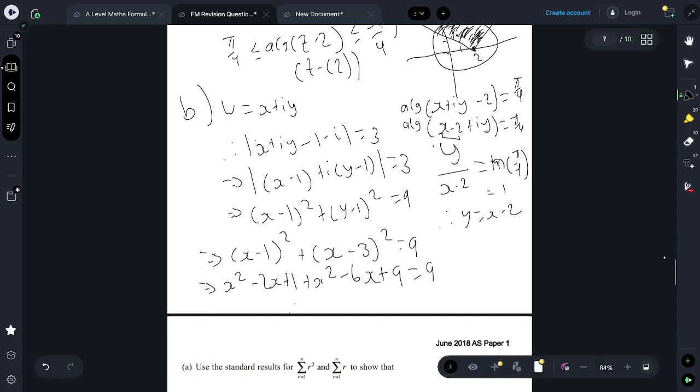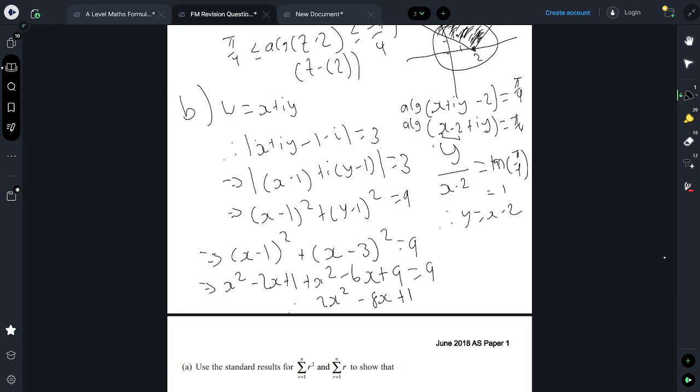Therefore, 2x squared minus 8x plus 10 minus 9, plus 1, equals 0. Therefore, x is what? That's interesting. x is 4 plus or minus root 14 over 2.